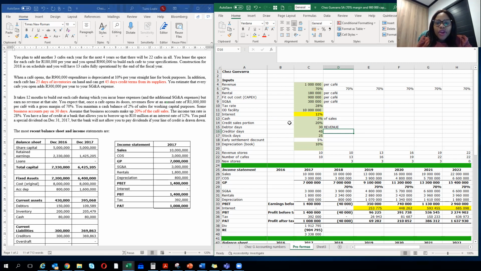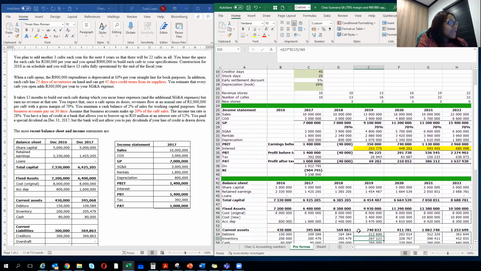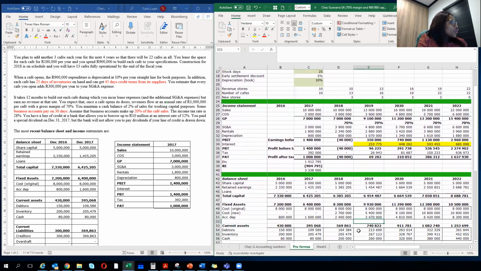Okay, what does my creditors days talk to? Remember in the question here on the left, it says it's 45 days credit terms from your suppliers. Okay, if you are working with creditors days from your suppliers, then what it means is your creditors days needs to talk together with the people that are supplying your goods and services.